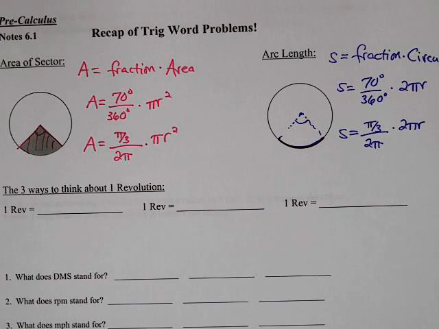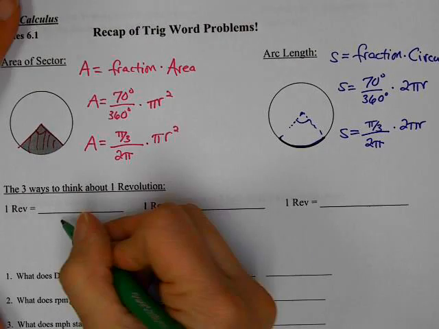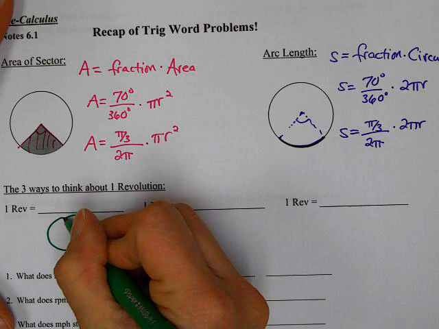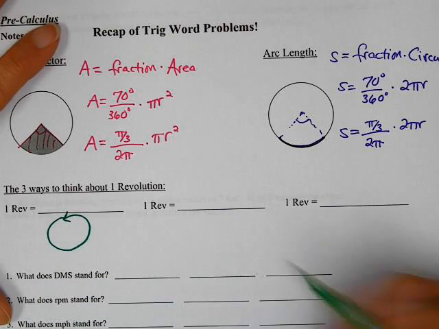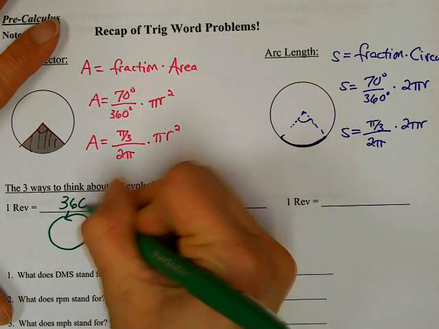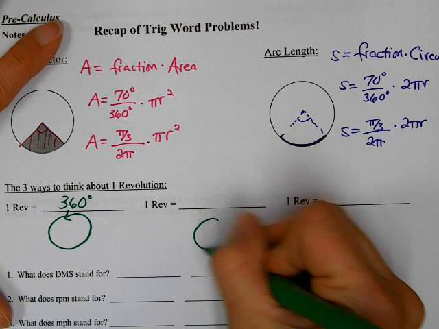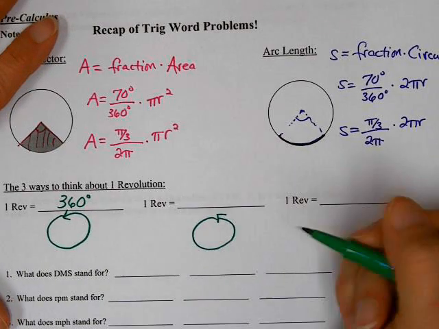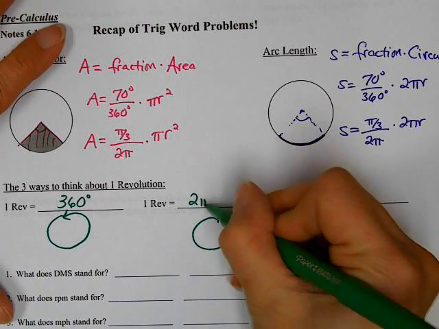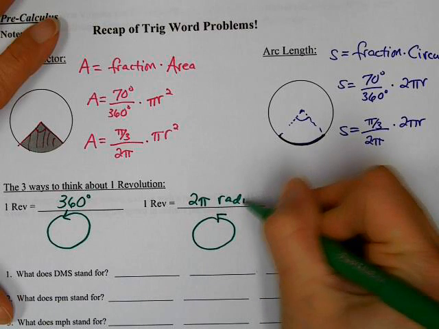Okay, the three ways that I want you to think about revolution. One revolution, you could go around a circle. How many degrees is that? 360 degrees. Now I want you to go one revolution, one time around a circle. How many radians is that? 2 pi radians.